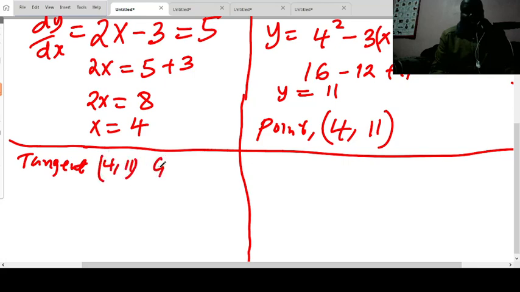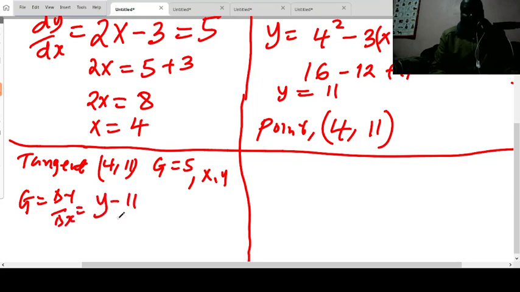We have the gradient of the curve, which is 5, and it is the same as the gradient of the tangent. We have the general point, x, y. So we are going to say gradient is equal to change in y over change in x. So that is y minus 11 divided by x minus 4, which is equal to 5.